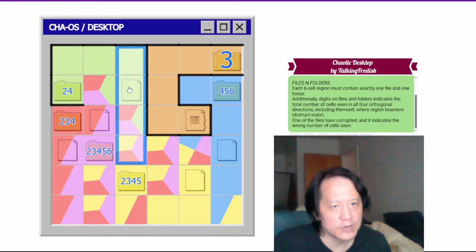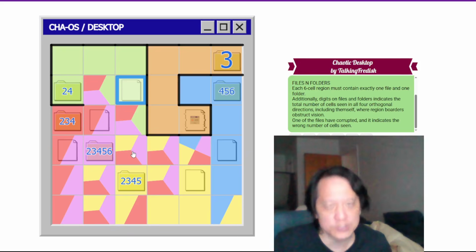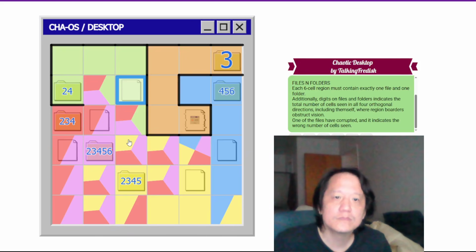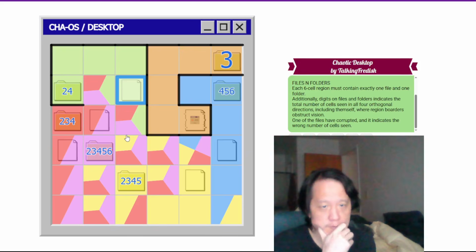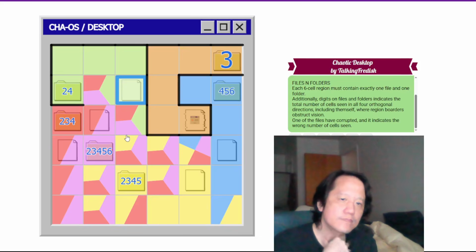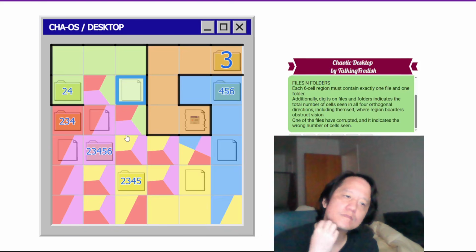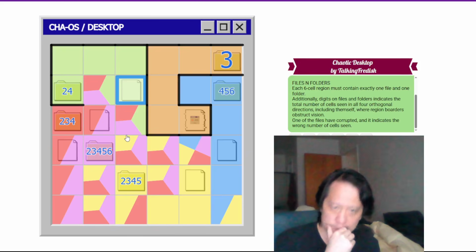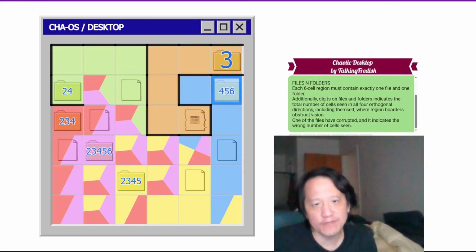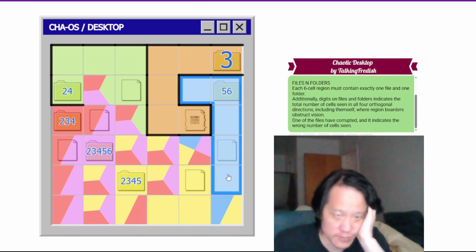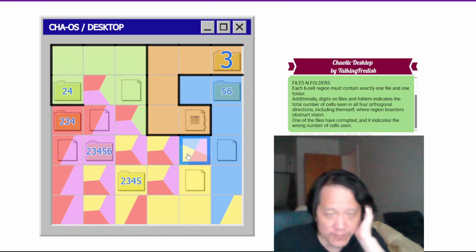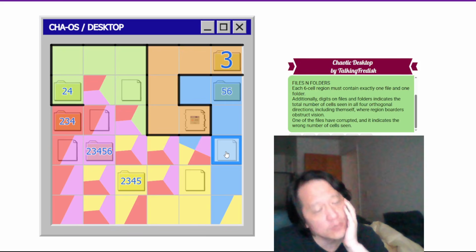Otherwise, we could go here, and then this would be 3. That is potentially possible. Hmm. This can't be 4 because it sees at least 5 cells. Obviously, if that's blue, this would be the corrupted file.